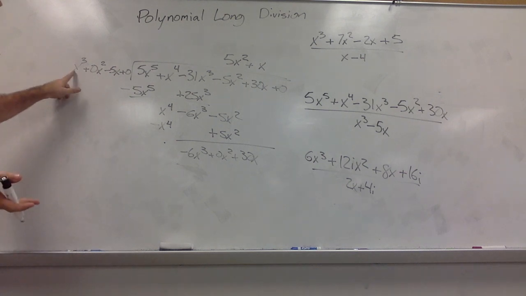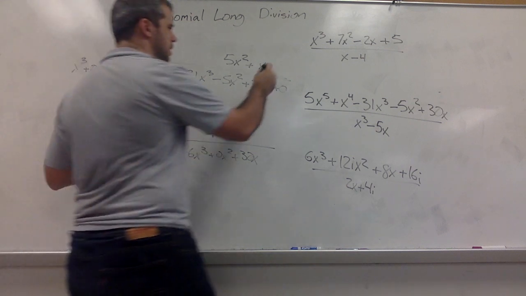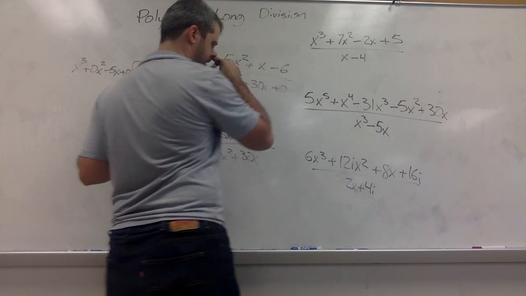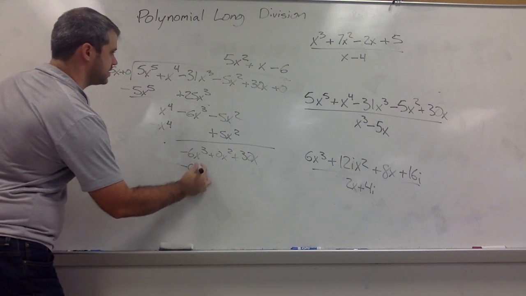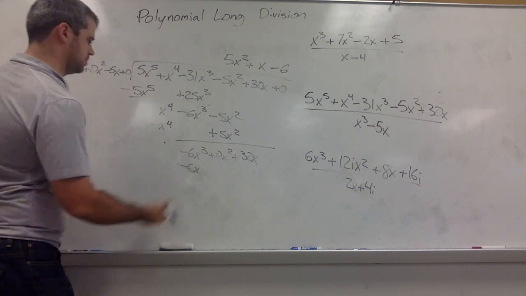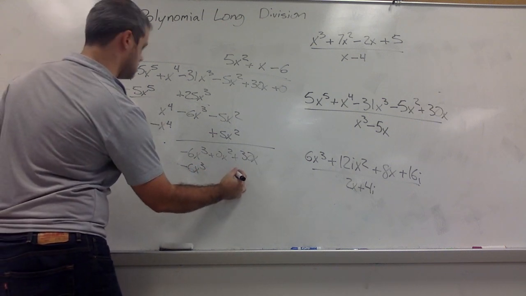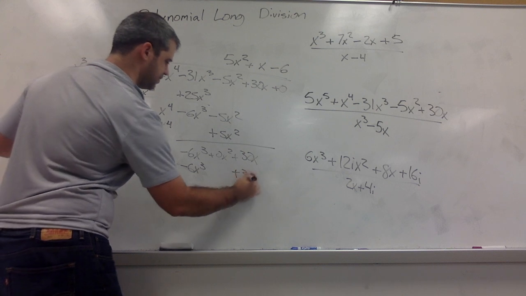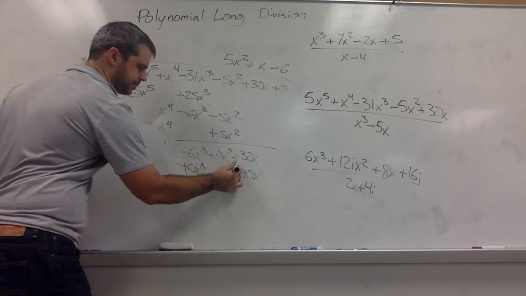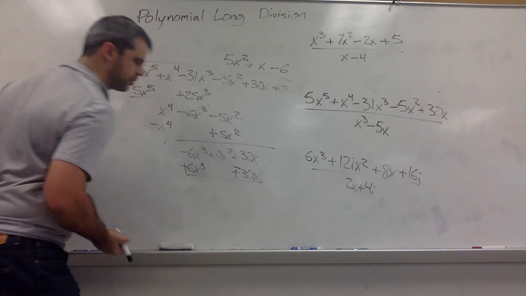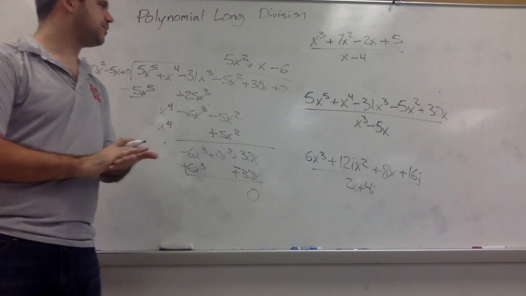All right, well, how do we get x to the third to become negative 6x to the third? Well, with a negative 6. So negative 6x to the third, 0, positive 30x, and then we switch these signs because we're subtracting. And we're left with nothing. Yay, we have a remainder of 0.